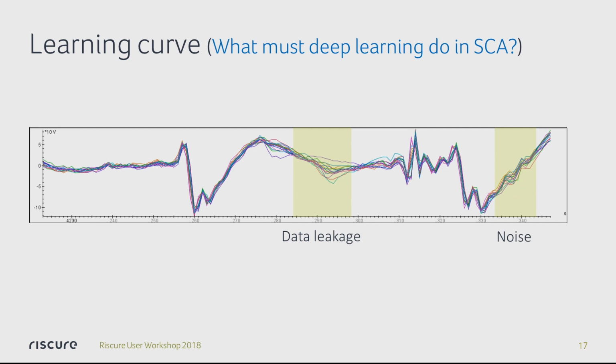The neural network must differentiate between these two kinds of information, because in this case you are not providing points of interest. You're not telling it this is the region I want to attack. You just select everything, and the network must discard what is noise and keep what is not noise.